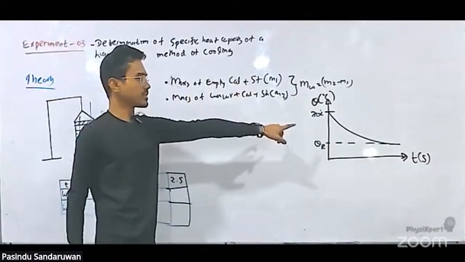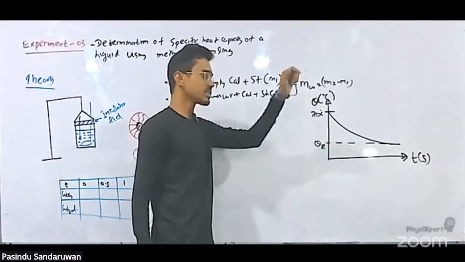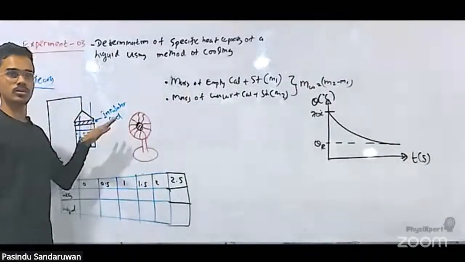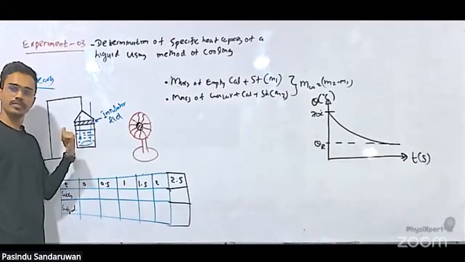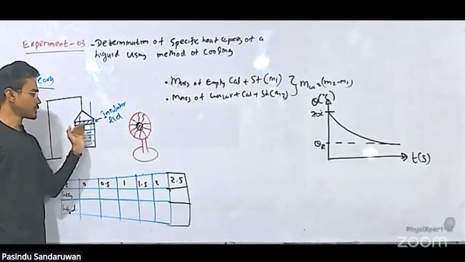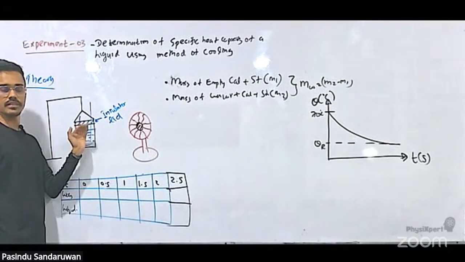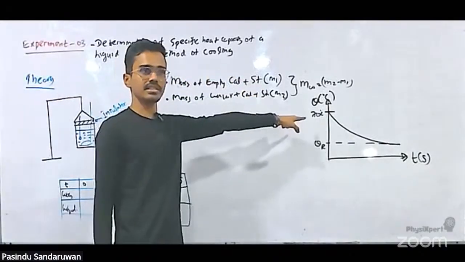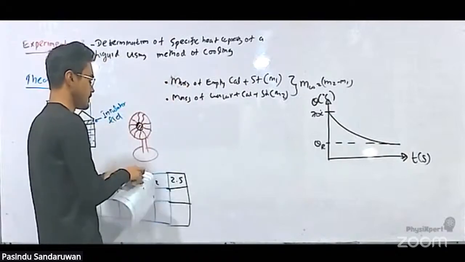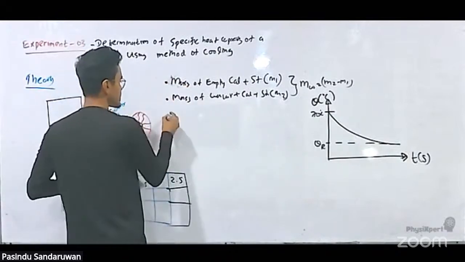After plotting the cooling curve for water, it is removed from the calorimeter. And this same calorimeter is used again to fill the liquid. Liquid is filled up to the same height and it is heated to the same temperature. And once liquid is filled, we have to take the mass again.